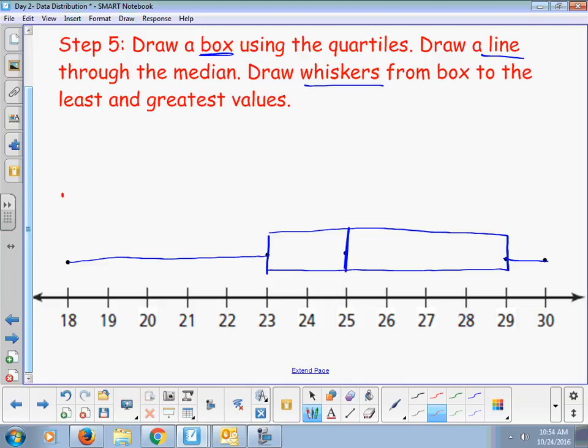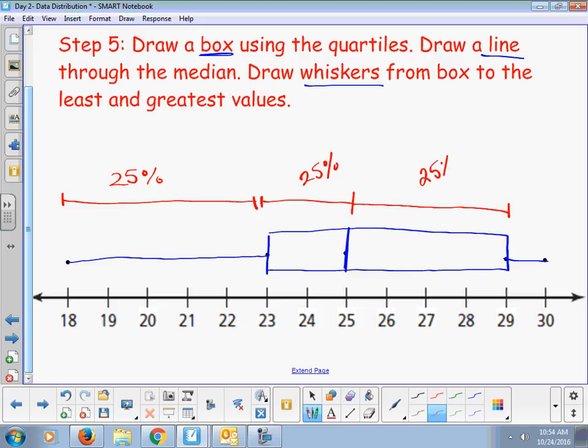Since we broke it down into quartiles, this right here represents 25% of the data from our min to our Q1. From Q1 to Q2 is another 25% of the data. From Q2 to Q3 is 25% of the data.